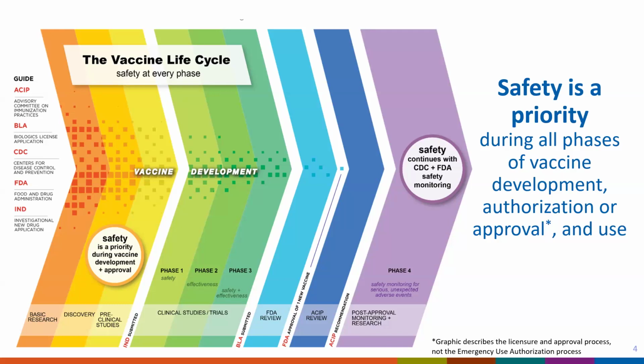As you can see on this figure, phase 1 is small, usually less than 100 participants. The objective is to assess dosing and safety and determine the type and extent of the immune response. It tends to look for immediate reactions, so it's more about the tolerability of the vaccine.